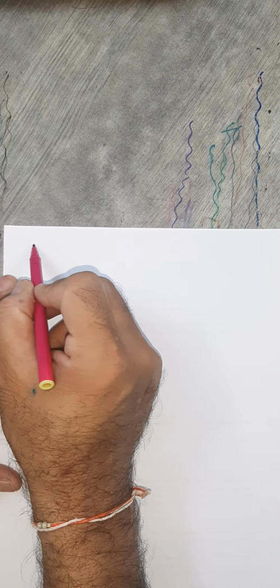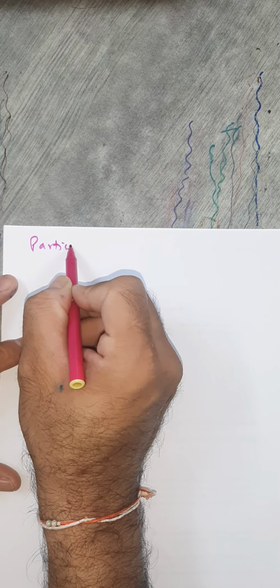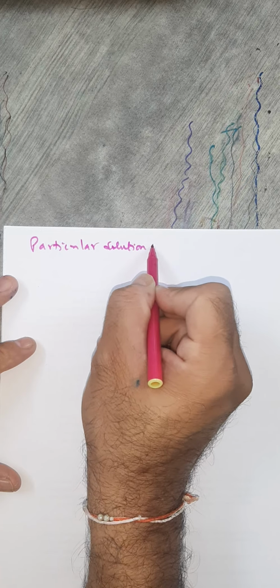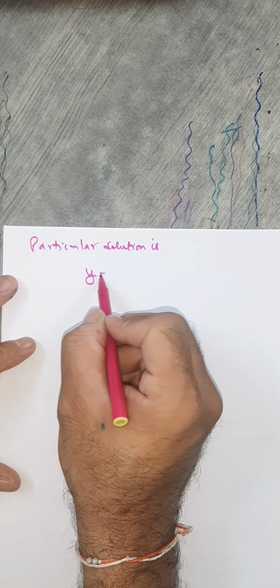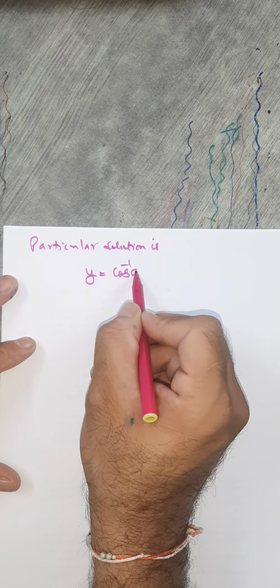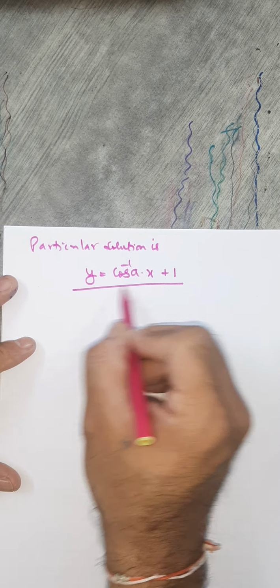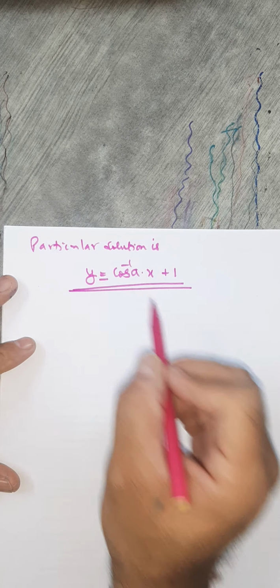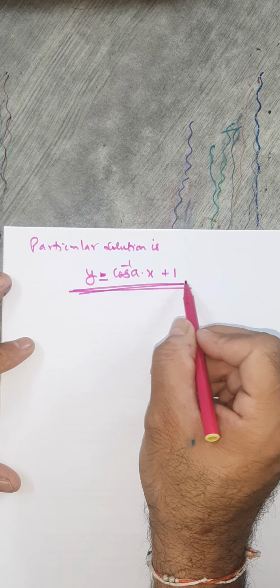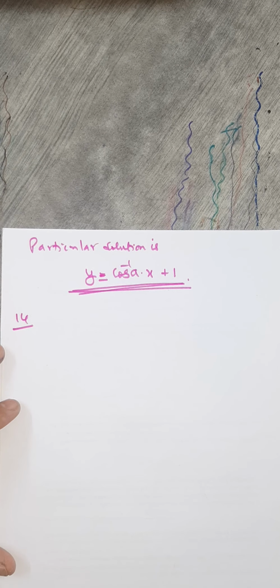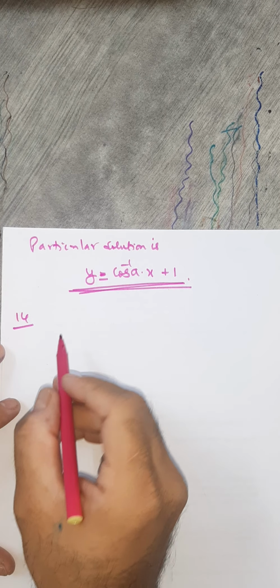So by 1 particular solution is y equals to cosine inverse a into x plus 1. Now c is not there. You have fixed value of c. That's why this is called the particular solution, remember. And here remember, particular solution never contains any arbitrary constant, right? That we already noted in the first exercise.